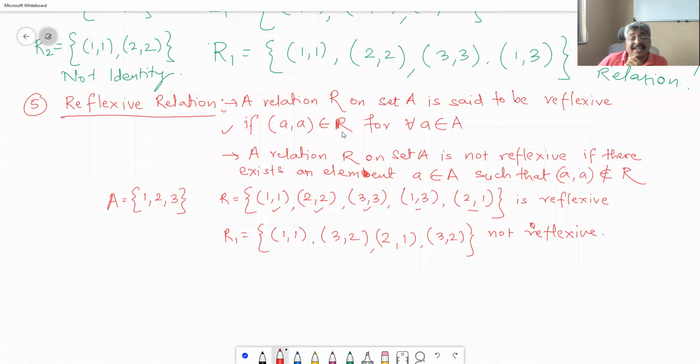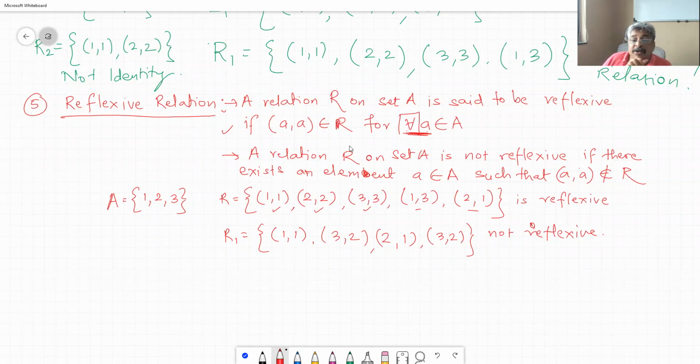Why can't another set work? Because they are not all there, for every a belonging to A there has to be that ordered pair. That is the meaning of this symbol. Understood?